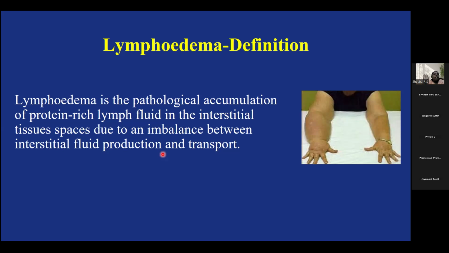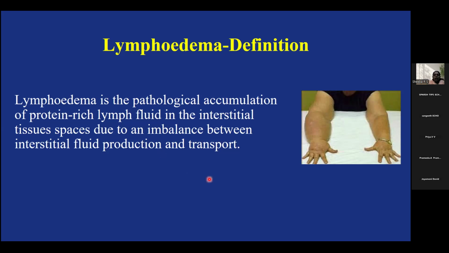The transportation will be difficult, because there is no lymph node for receiving the fluid from that particular limb. So there is a pathological accumulation of protein-rich fluid happening into the interstitial tissue space. If there is an accumulation of fluid in the body, what happens? Edema will be there, right? So this is called lymphedema.